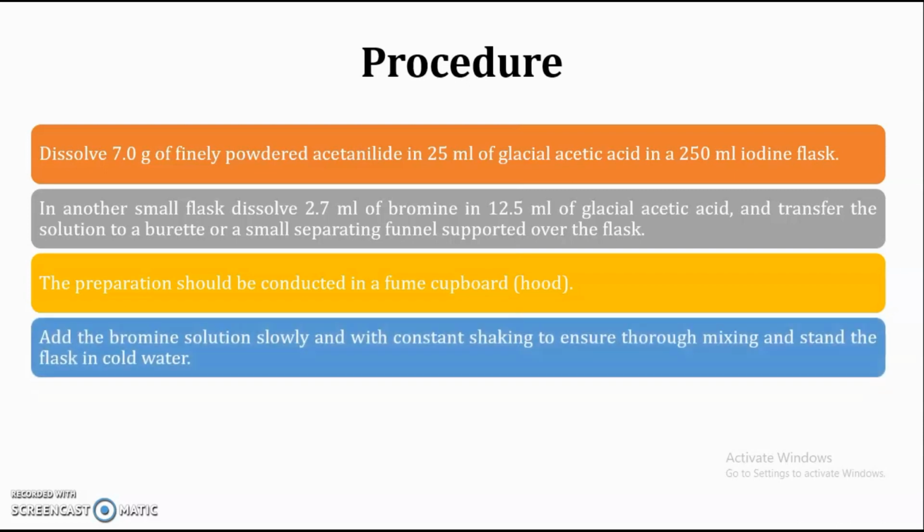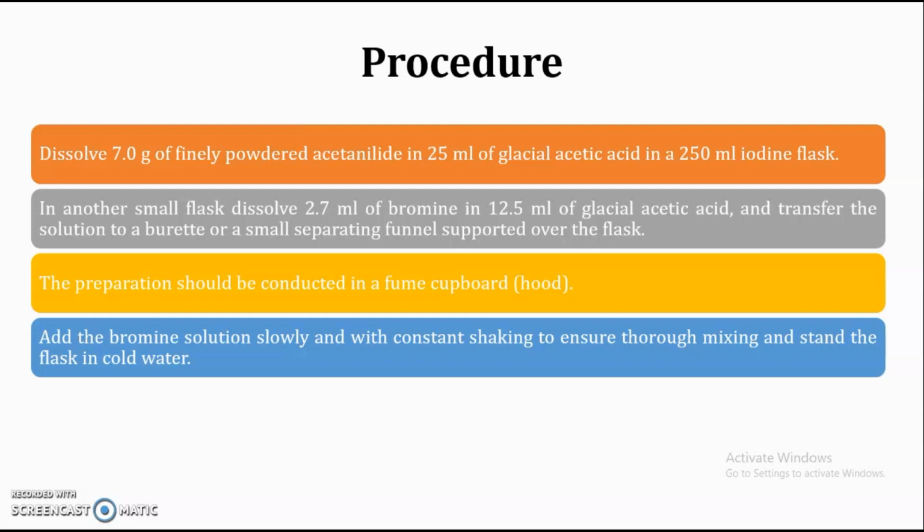After this, add the bromine solution slowly with constant shaking to ensure thorough mixing, and stand the flask in cold water. Means whatever the second solution we have prepared, we are going to add into the first solution. Here we have to take care that the acetanilide solution should be placed in a flask, and that flask is placed in cold water, and we carry out the addition of bromine slowly.